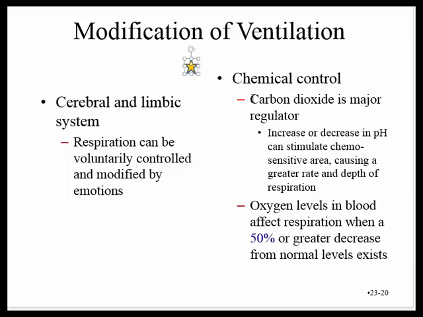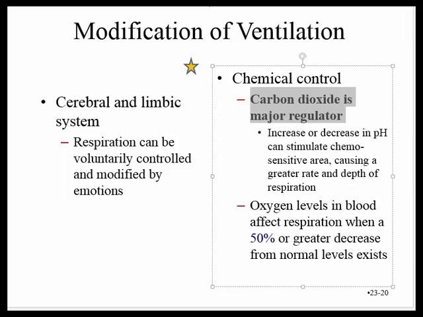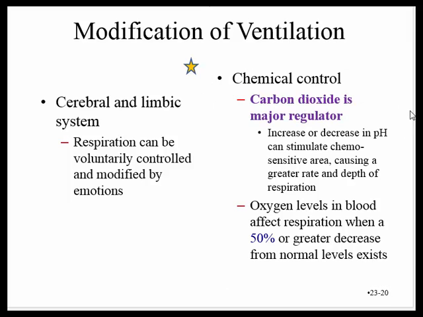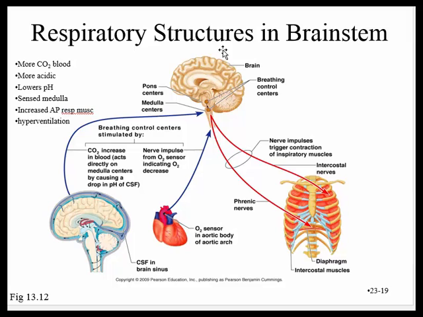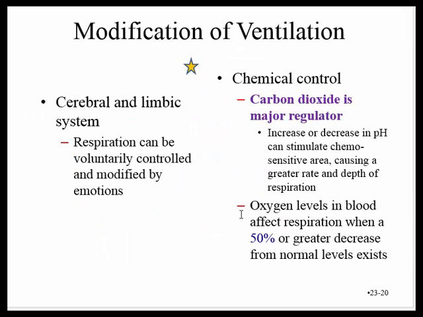With chemical control, carbon dioxide is the major regulator of our blood pH and breathing. So again, if there's an increase or decrease in the pH of the blood, that can trigger respiration by stimulating the medulla to stimulate those breathing muscles. Oxygen can also affect breathing, but only if there's a very significant decrease in oxygen.